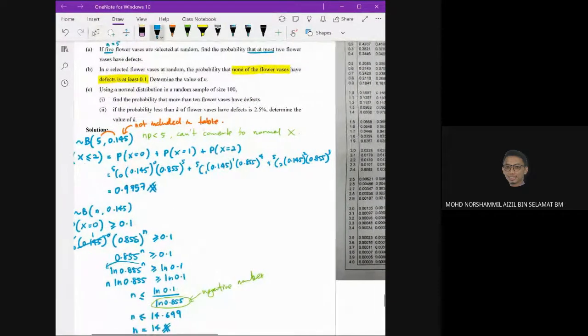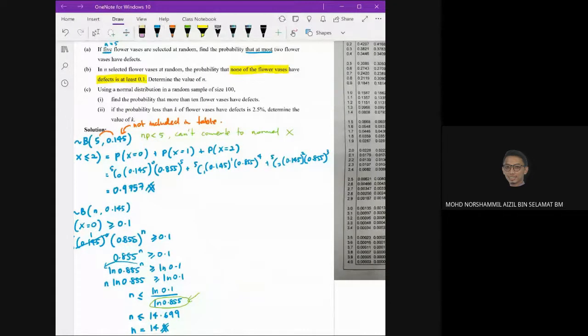Alright, ni saya padam. Kita keluar part C. C1. Using a normal distribution, dia bagi tahu lah tu. N is 100. Find the probability that more than 10 flower vases have defects. So guys, kita kena calculate mu dia.